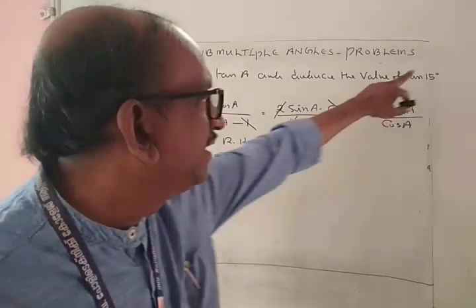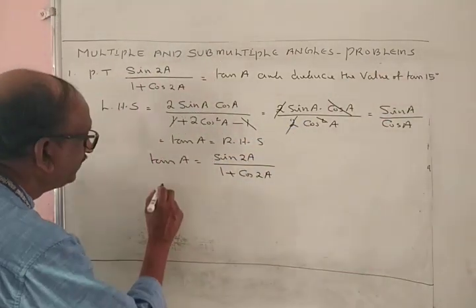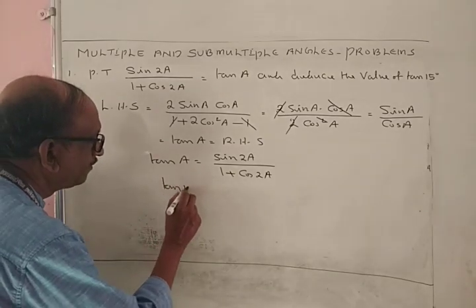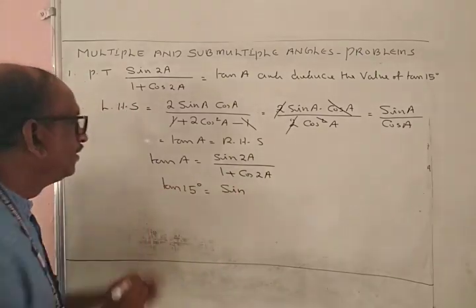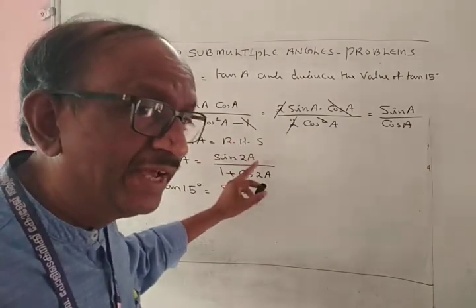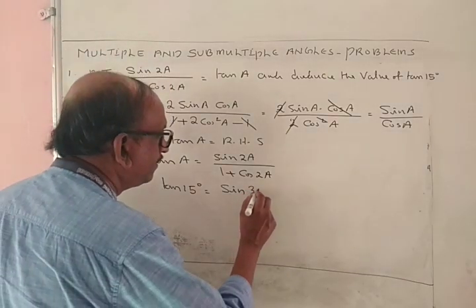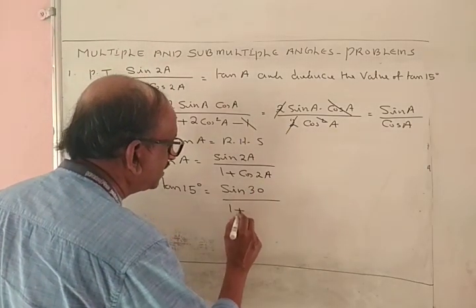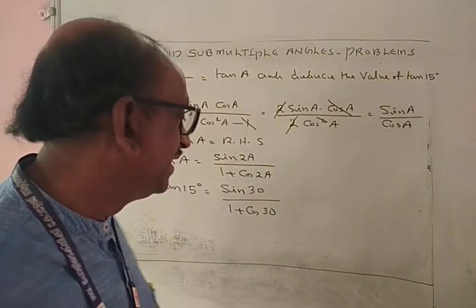We want to find tan 15 degree. Therefore, replace a by 15 degree. Here a is 15, here 2a is 2 times 15, which is 30 degree. 1 plus cos 30.